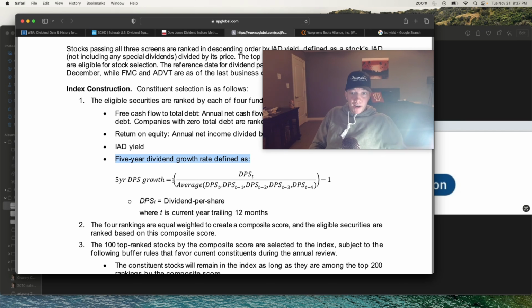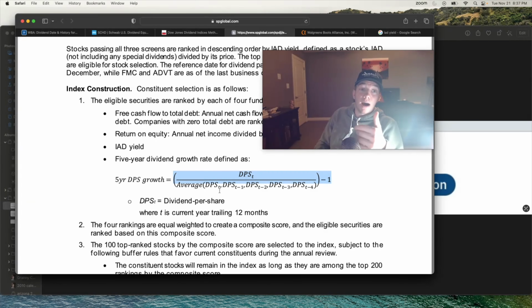And the way they're going to rank that is using this fancy formula. Essentially, what this formula calculates is going to be that 5-year compound annual growth rate of the dividend. Obviously, higher is better because, I guess, if a company has aggressively increased their dividend in the past, then they could continue to do so in the future.